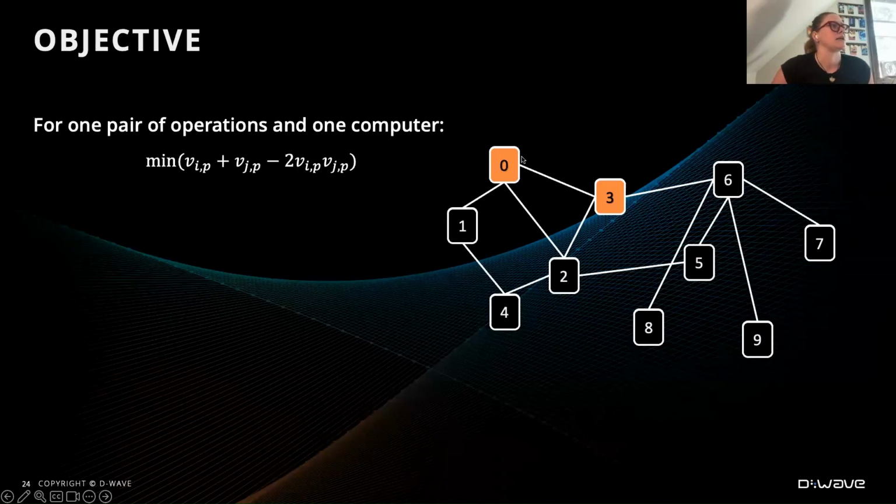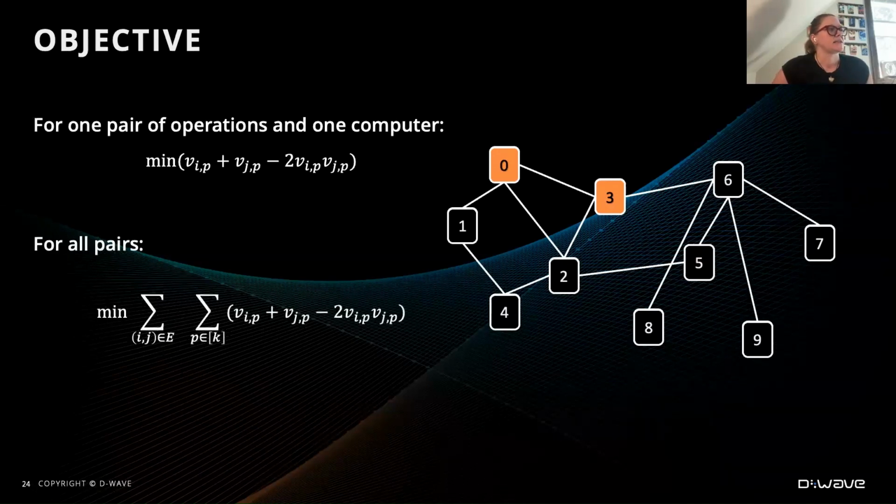So this is the expression just for this situation, 1 pair of operations and 1 computer. But we actually want to look at all operations and all pairs, all computers. So for all pairs, we get an expression that looks like this, where we're summing up over all the computers and all of the edges.